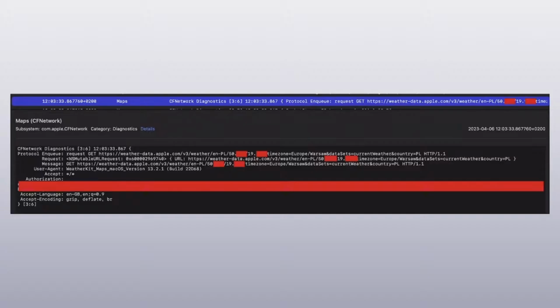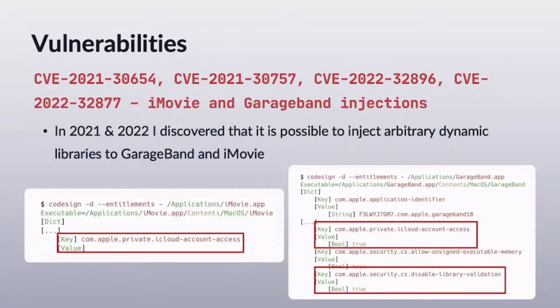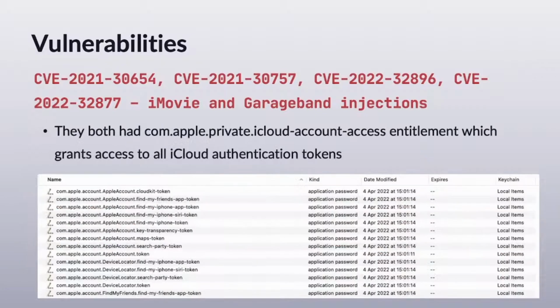So yet another way. This is also an interesting story. You probably saw it because that's an old bug I already presented. Let me just remind you, there are some services on macOS that have private iCloud entitlements. And if you have such an entitlement, you can query the keychain to give you an iCloud token.